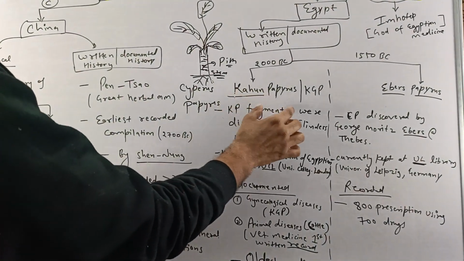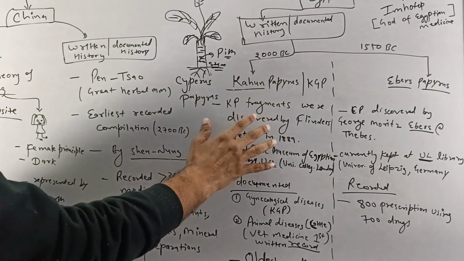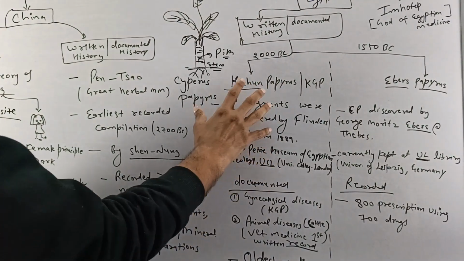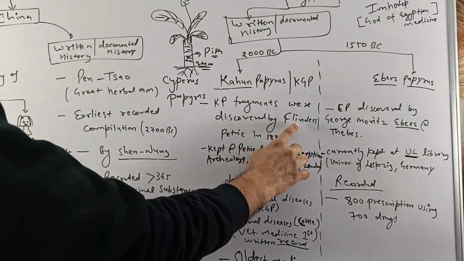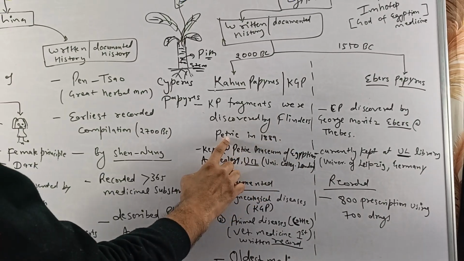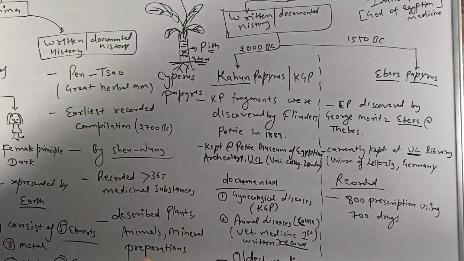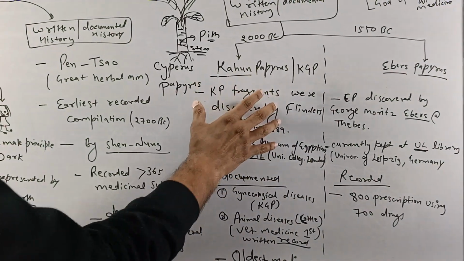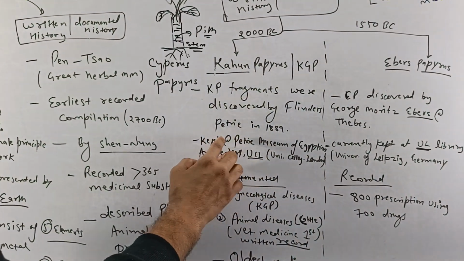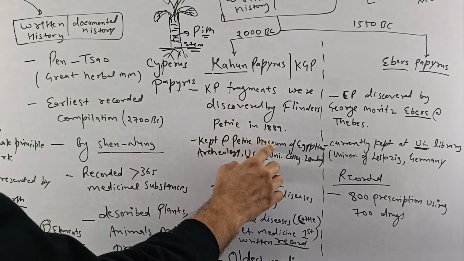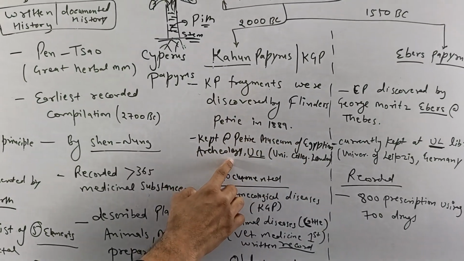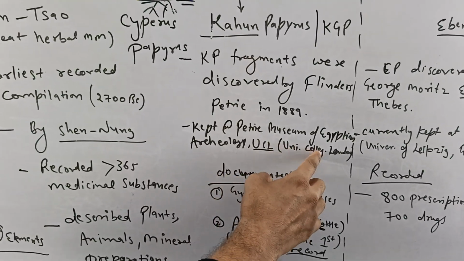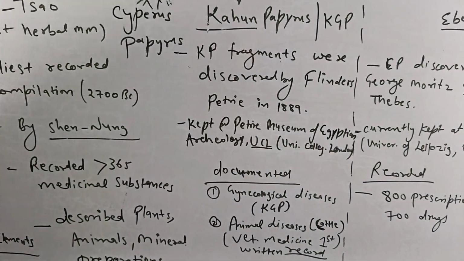The Kahun papyrus was discovered in fragments by the scientist Flinders Petrie in 1889. At present it is kept at the Petrie Museum of Egyptian Archaeology in University College London, UCL.